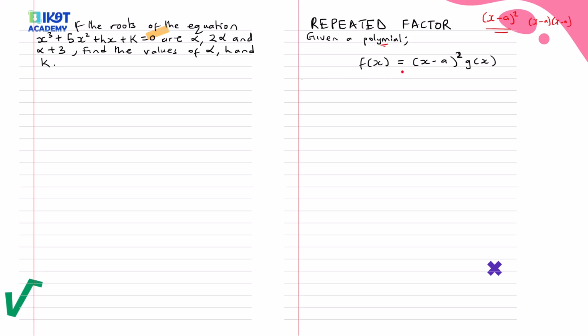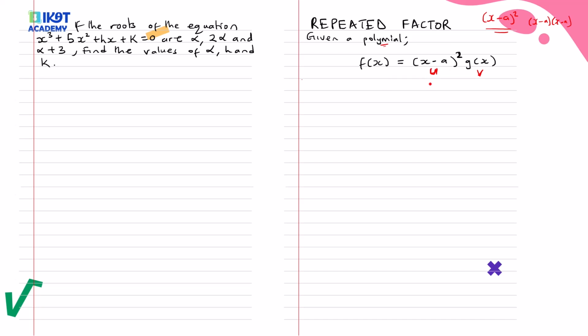The derivative is the value you get after differentiating. Now, to differentiate this, we are going to use the product rule. Don't worry, for those who are facing challenges, you can watch our video on differentiation when it's ready. So now we have this.